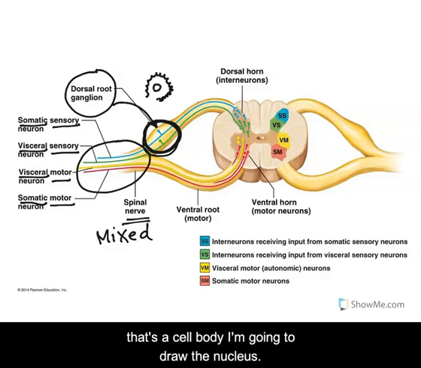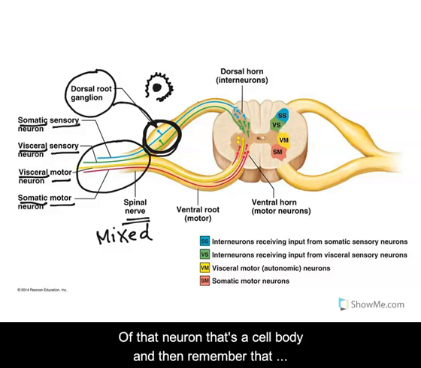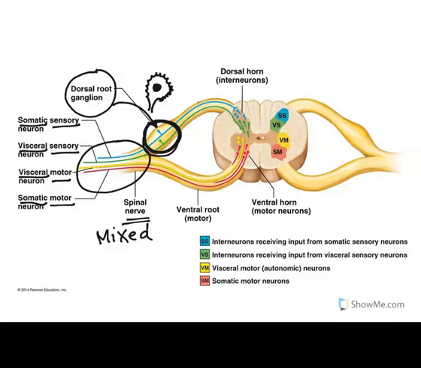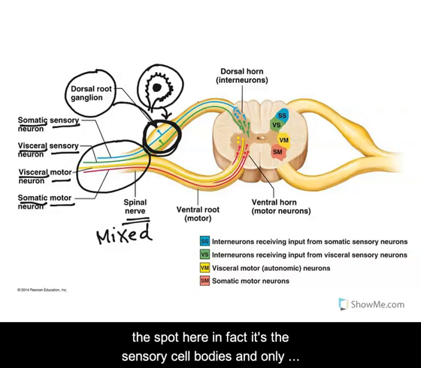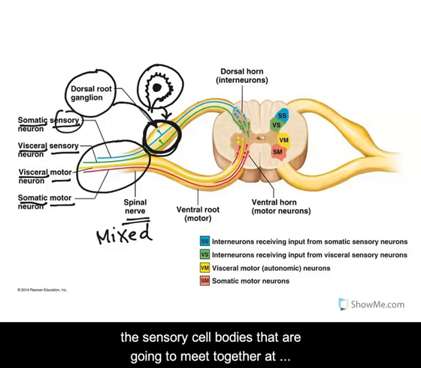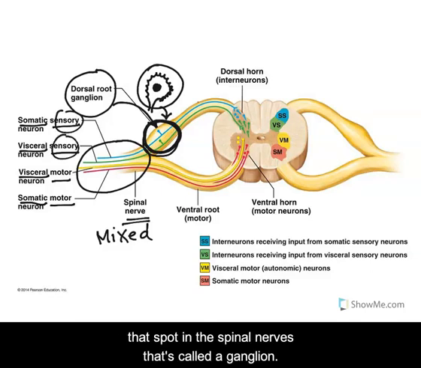That's a cell body, and I'm going to draw the nucleus of that neuron. Then remember that it formed an axon. Many cell bodies are going to come together at this spot here. In fact, it's the sensory cell bodies, and only the sensory cell bodies, that are going to meet together at that spot in the spinal nerve. That's called a ganglion.